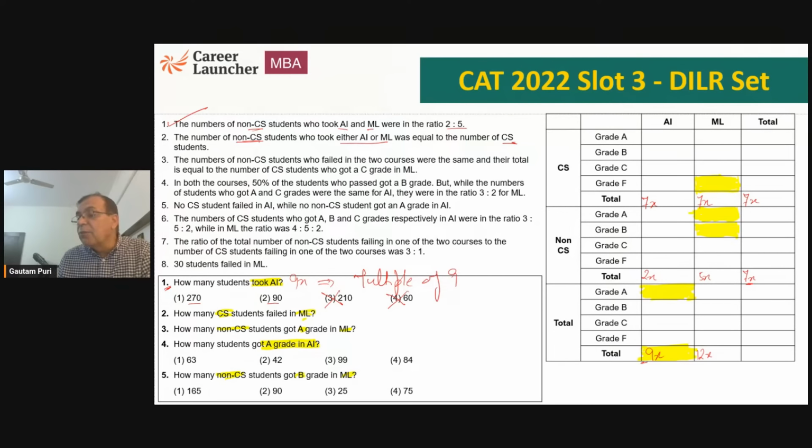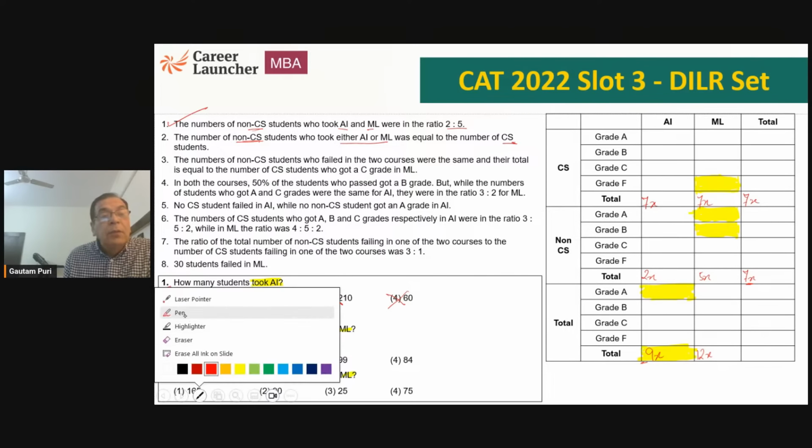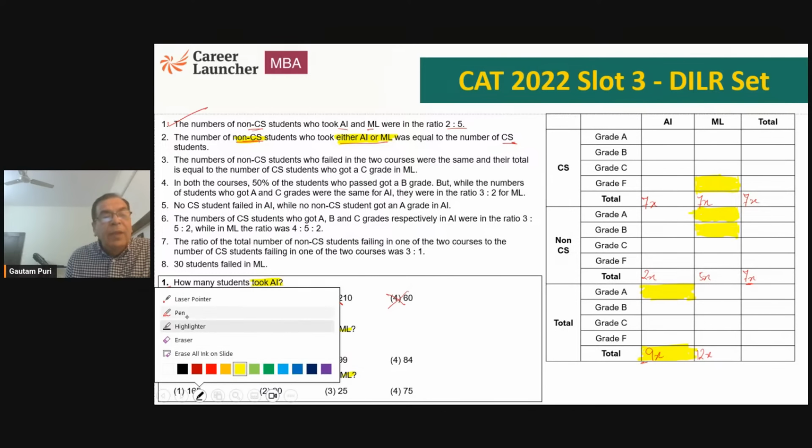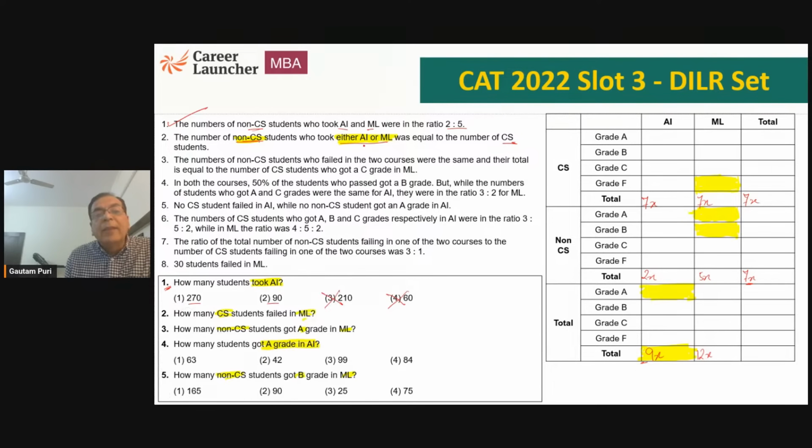Okay. Arya says couldn't understand how all CS was 7x. Okay, Arya, I'll just go back to that statement again. Statement number 2, let's look at it once more. What does statement 2 say? The number of non-CS students who took either AI or ML. Arya, the number of non-CS students who have taken either AI or ML is nothing but 9x, 7x, sorry. Right? Because this is the total number of non-CS students.